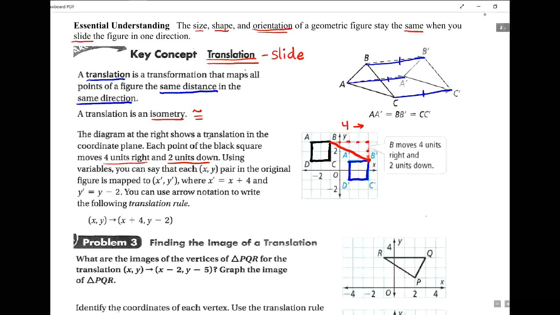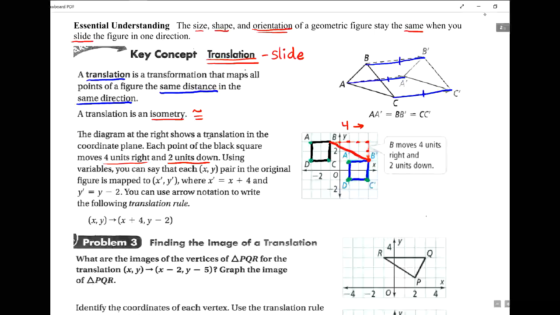Now, every point on this square is going to move the same distance in the same direction. So we could take point A, we would go over 4, down 2, and it would land at A prime. Point C, over 4, down 2, lands at C prime. Point D, over 4, down 2, lands at D prime.